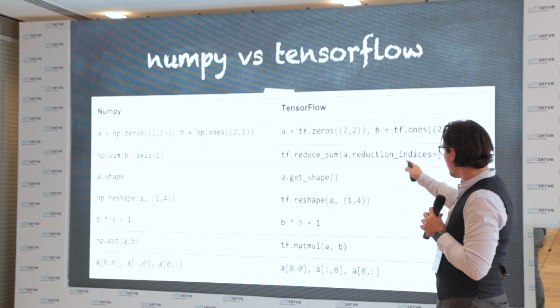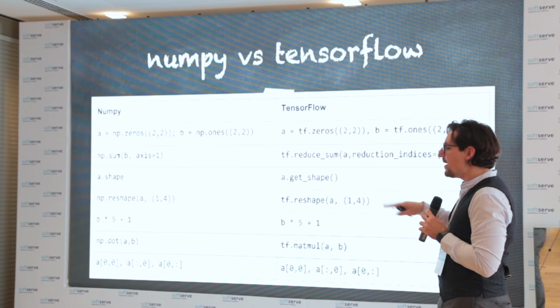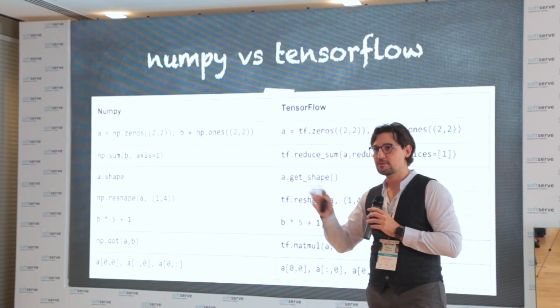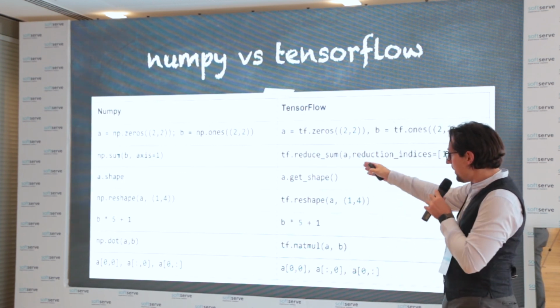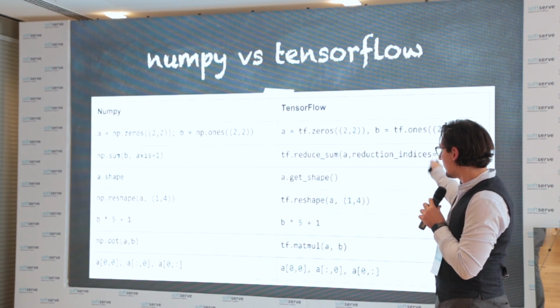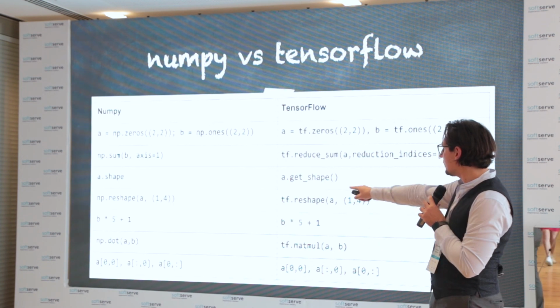in NumPy, you have to call it reduce sum in TensorFlow. So as I told you, it's a sort of NumPy-ish API. It's not very equal to NumPy, but it's sort of. You have shape on the NumPy side, you have get shape on the TensorFlow side, and so on and so forth. Maybe one that is relevant is the dot product.